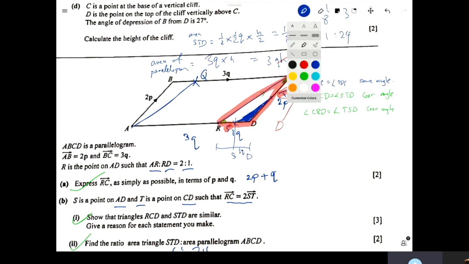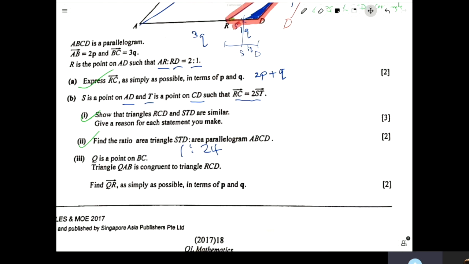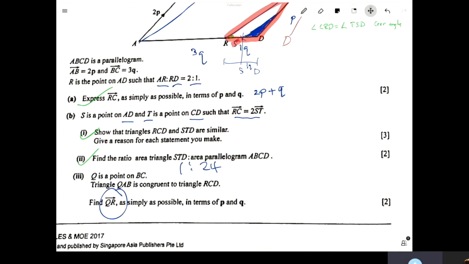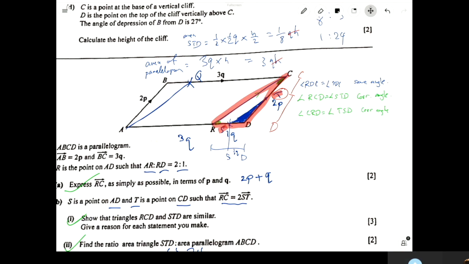What are we supposed to do now? Find QR. Where is QR? It is here. Can you see the blue color line?